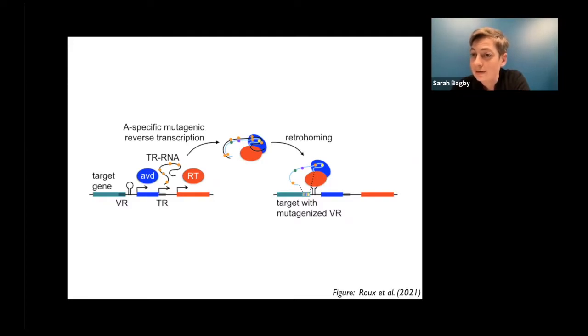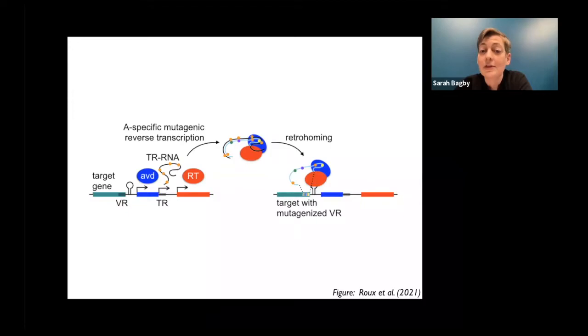The trick is that it's a really terrible reverse transcriptase. And so on average, about 1 in 4 of the nucleotides in this new DNA are mutagenized. So it's a very, very low fidelity copying mechanism.